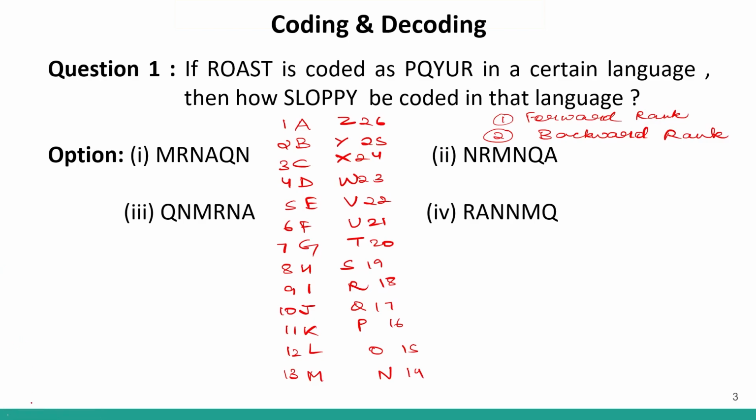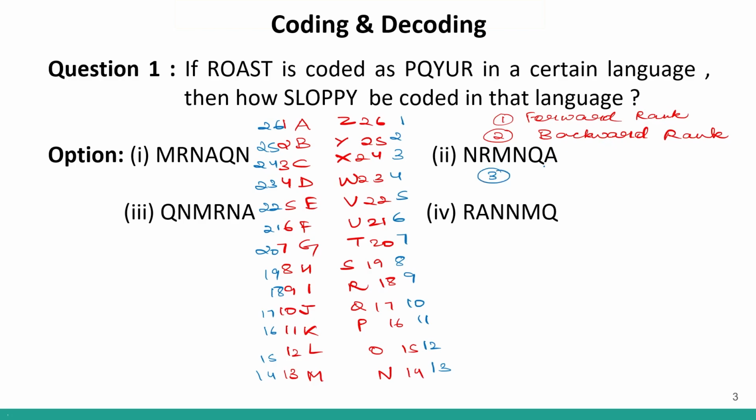So, if I talk about backward ranks, Z will be 1, then 2, 3, 4, and so on up to 26 for A. These are your backward ranks.